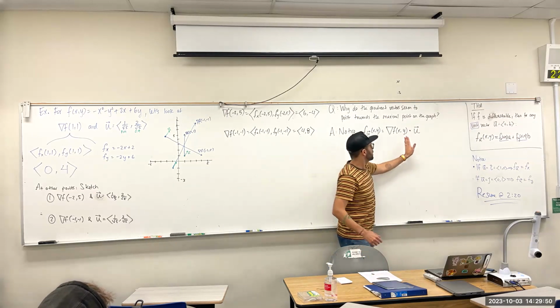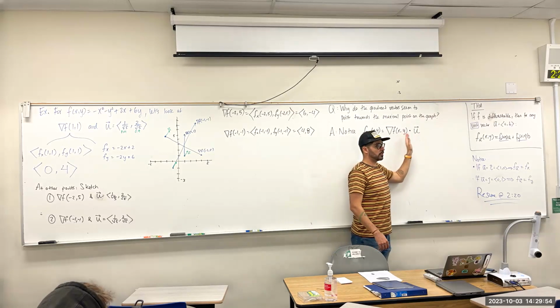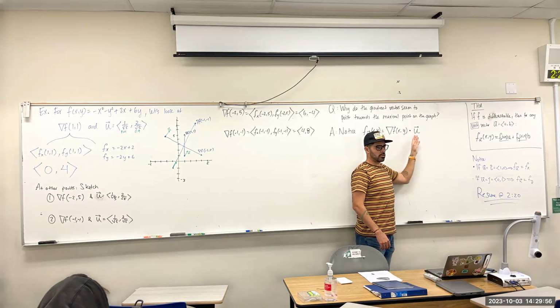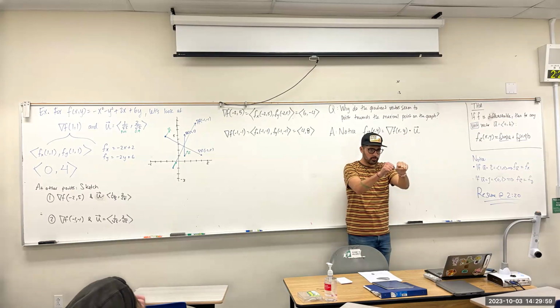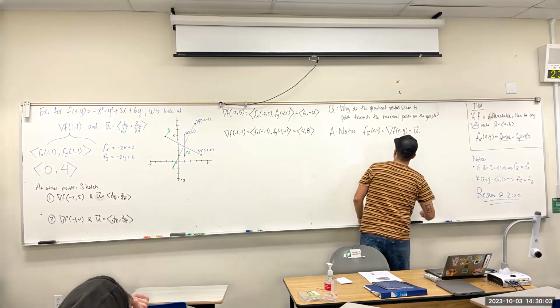On exam number 1, what was the theorem that used the angle between these 2 vectors? It was a theorem related to the dot product of 2 vectors and the angle between them. The cosine one, yeah. What did it say?